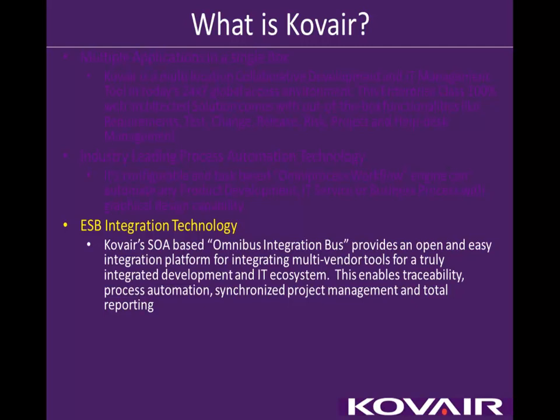The advantage is that you have a substantially lower effort for creating and maintaining these integrations. Just to give an example, if you have, let's say, 10 tools, to create a point-to-point integration for all these different tools, you need 45 different integration points. With a service bus, you just need 10 adapters.